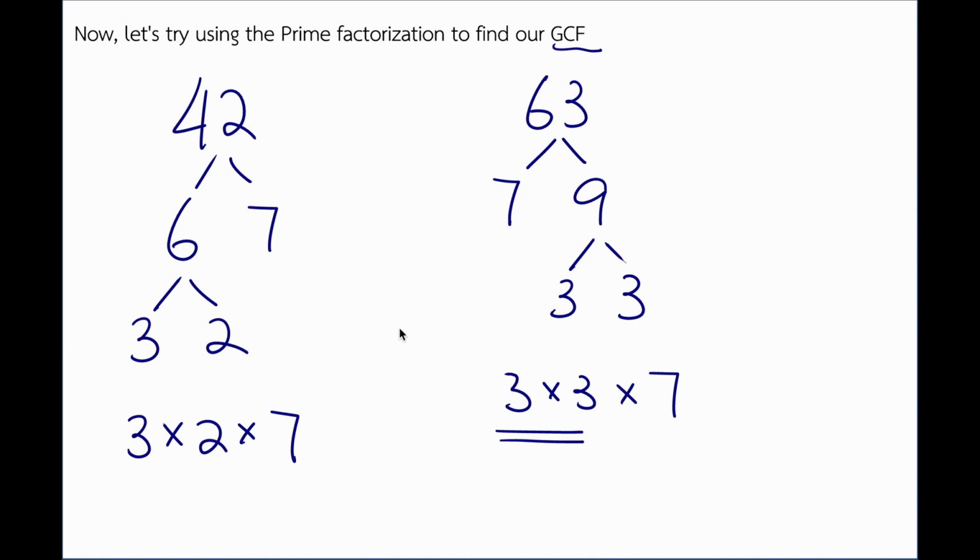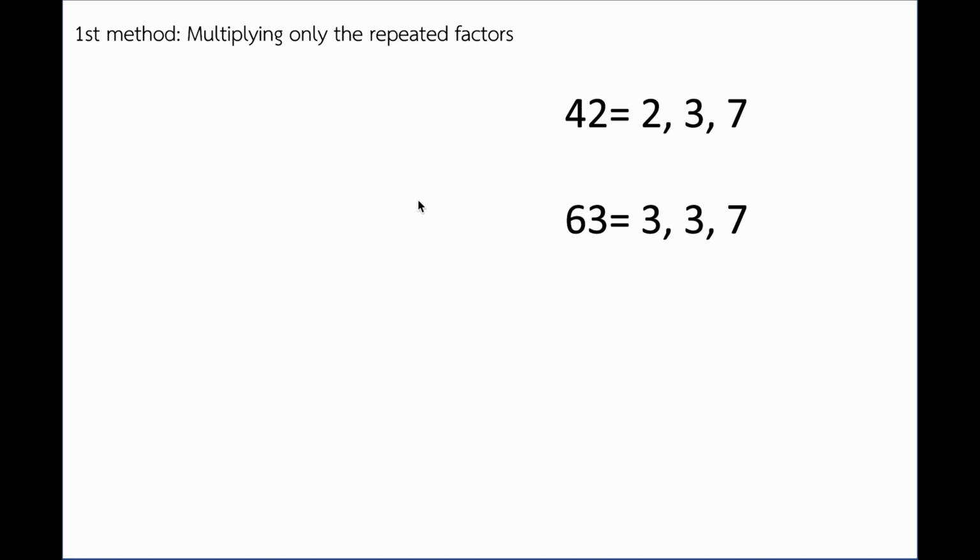After finding out our prime factors for each of the numbers, there are 2 ways to find our GCF. Here's the first way. Multiplying only the repeated factors. So here are our factors that we just got. To get the GCF, we're going to multiply the repeated factors.